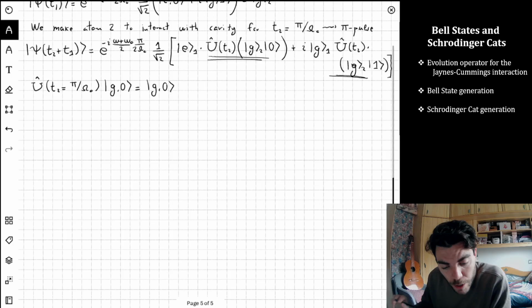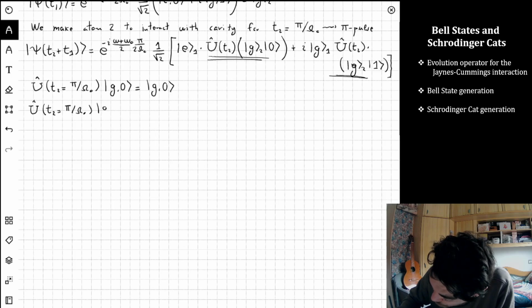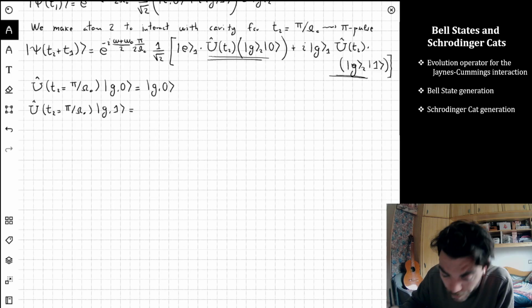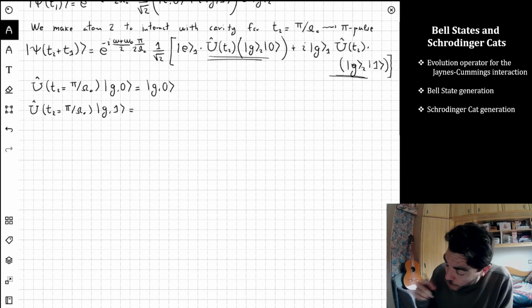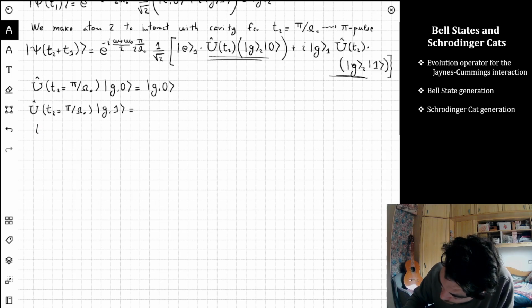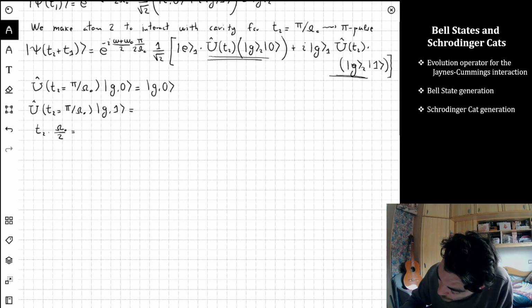Okay, so this is trivial, and then we need to calculate just the other one, u t2 equals pi over omega 0 applied on the state g1. What is this? Well, let's just do the math. Now here clearly, when we apply our formula for the evolution operator, we see that t2 times omega 0 divided by 2, which is what we have in this imaginary exponential, is now just pi divided by 2.